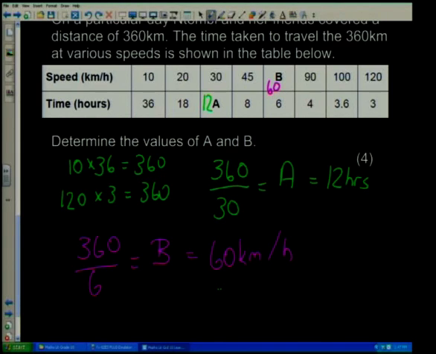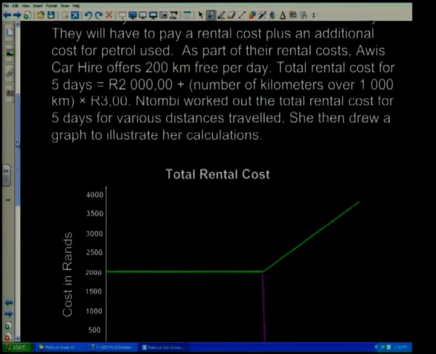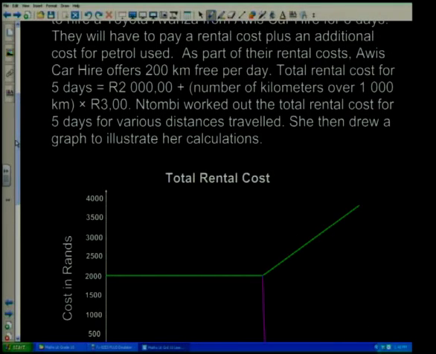Before I move on to the next question, I just want to go back to this graph for a second, and I want us to look at, because they haven't covered it in the question, why have I got this straight line of 2,000 Rand up to this value? And the answer to that, and it's important that we understand that, is that the car rental charged 2,000 Rand, plus they charged a number of kilometers over 1,000 at 3 Rand.